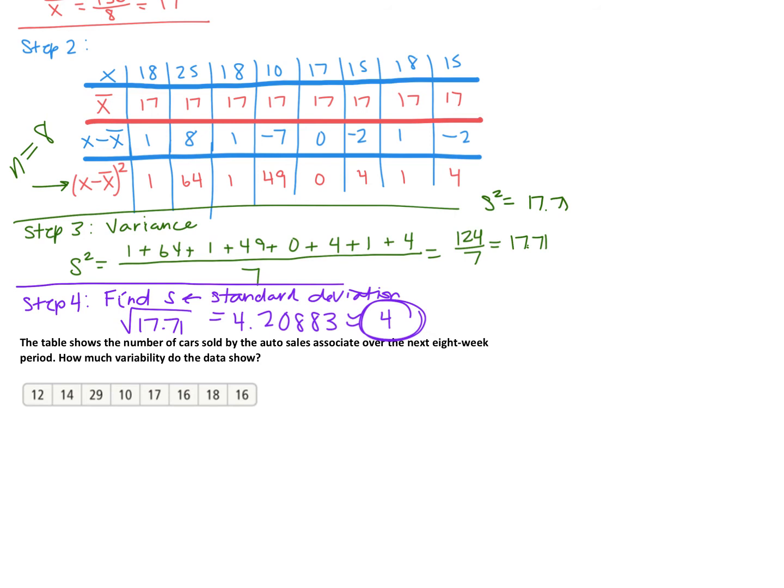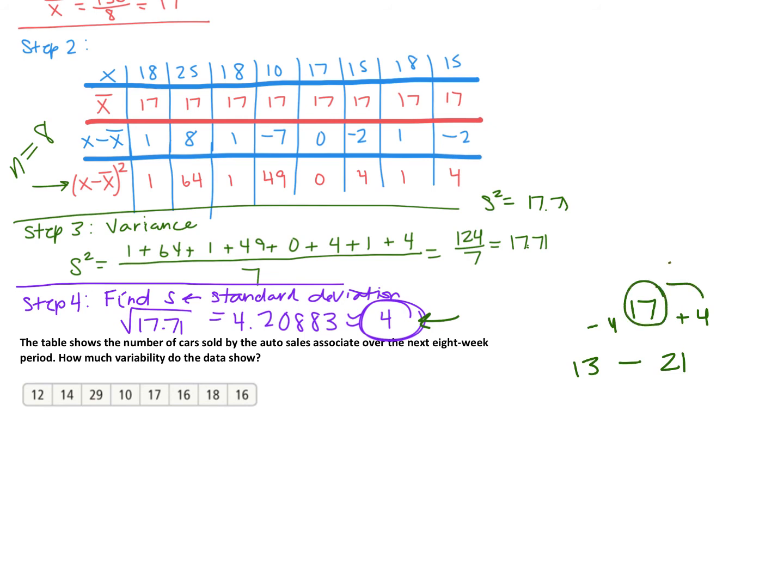So because the mean was 17 cars and the standard deviation is 4 cars, if we add 4 and subtract 4 on either side, we have 13 to 21. That means that that's 1 standard deviation away from the mean.